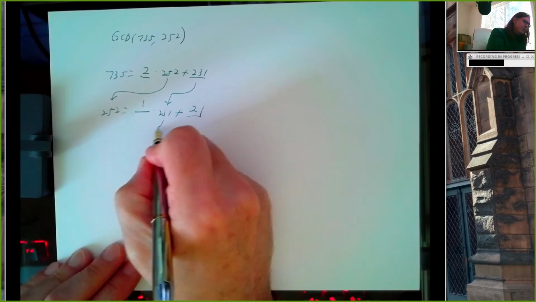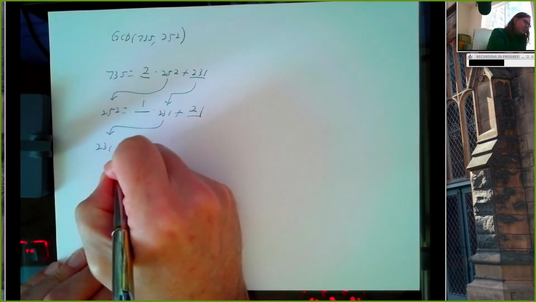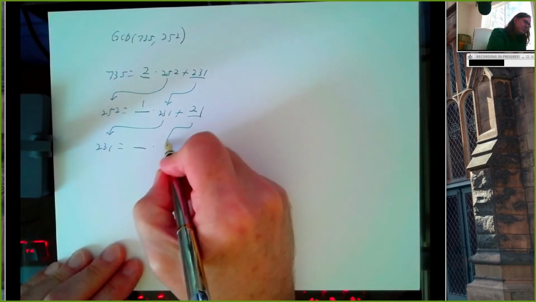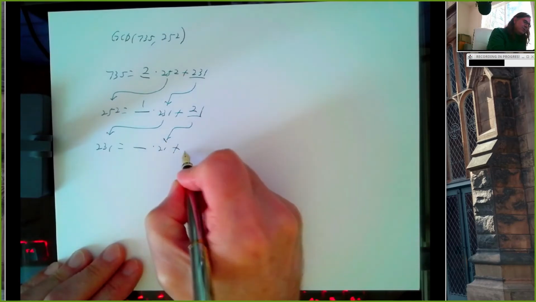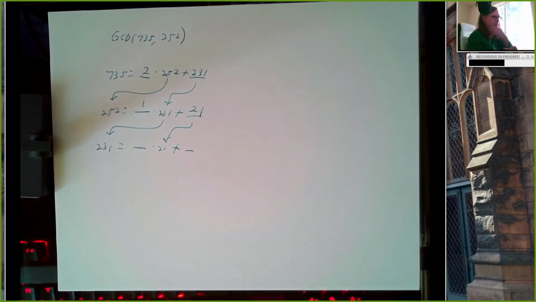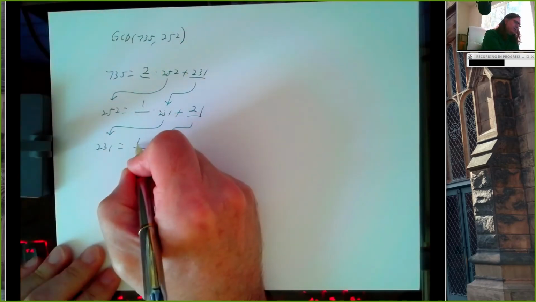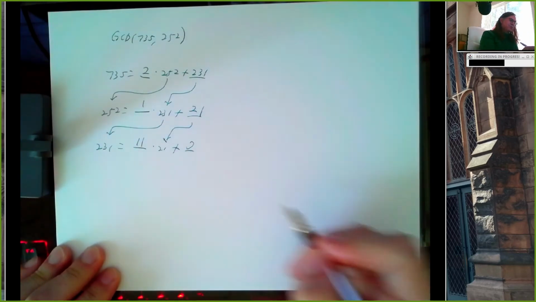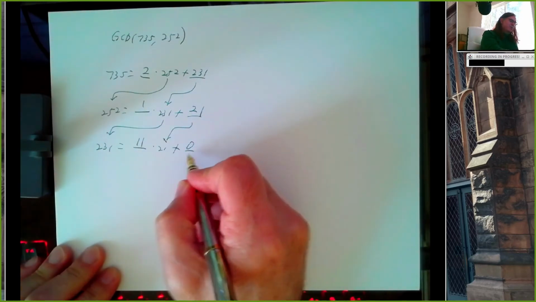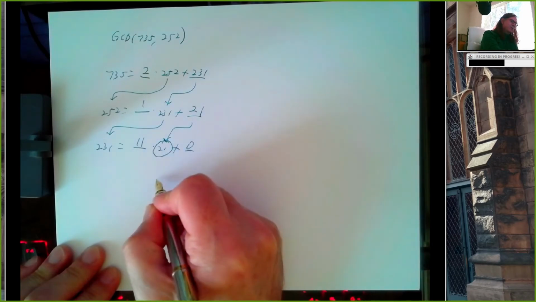We ignore the 1, we take the 231 over here. Something times 21 plus something. And it turns out 21 goes in exactly 11 times with 0 left over. Once we've got the 0, this is our GCD.